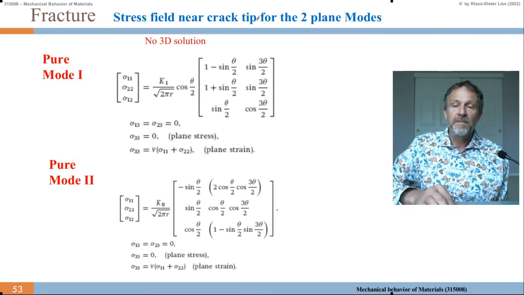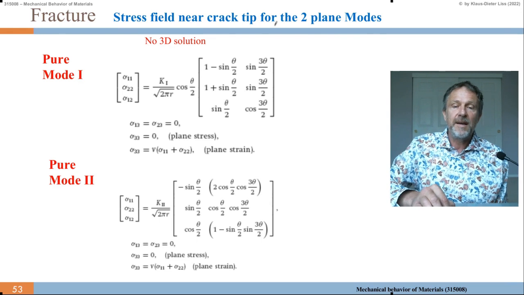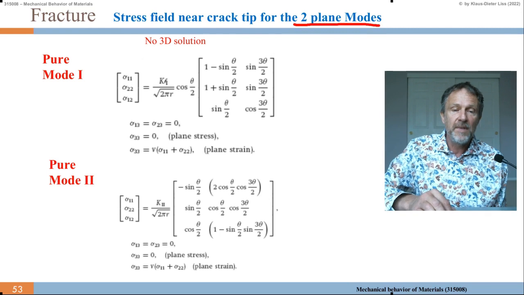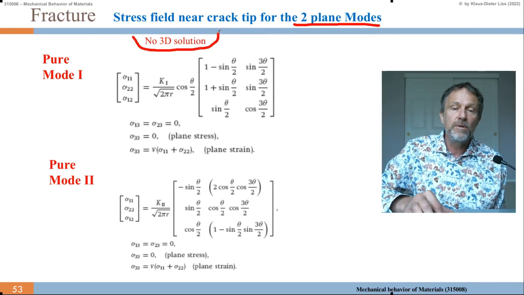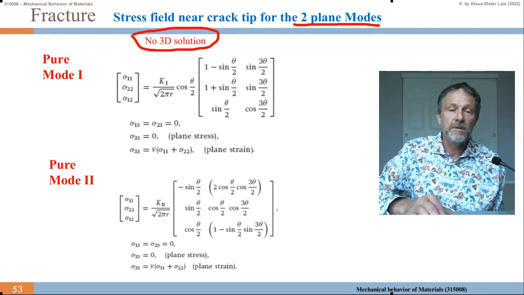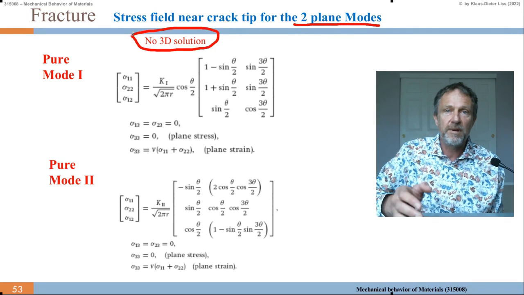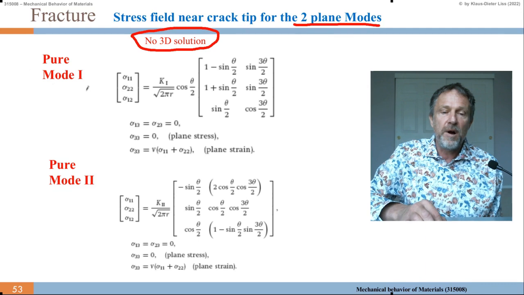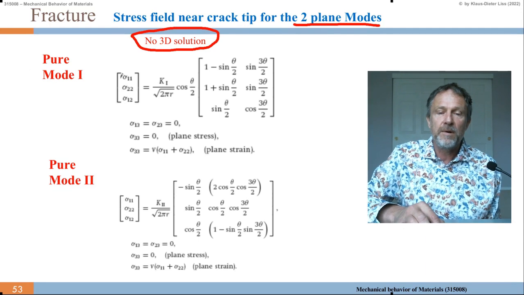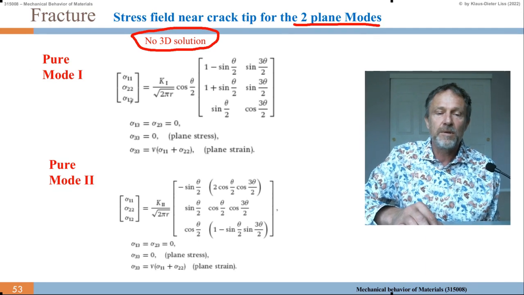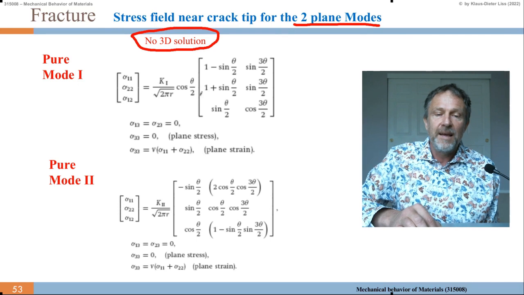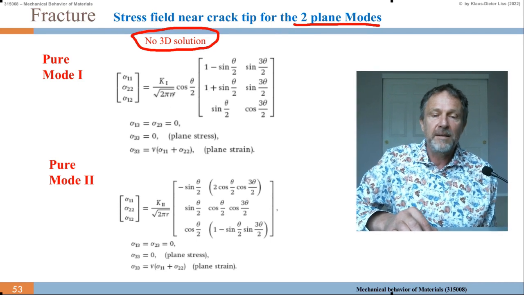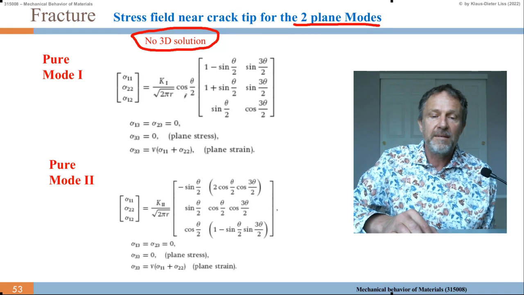I've shown the stress field near the crack tip for the two plane modes. We have elaborated that. And there's no 3D analytical solution for it, but you can do it in finite element, always. For the pure mode 1, we can write down the stress as sigma 11, sigma 22, sigma 12 shear stress as K1 over square root 2 pi r times cosine theta half.